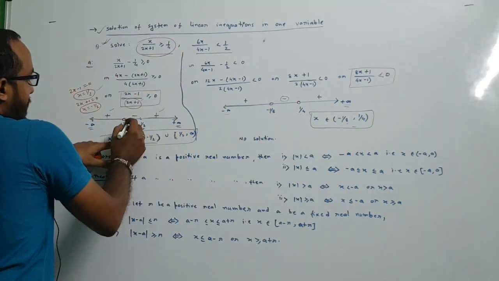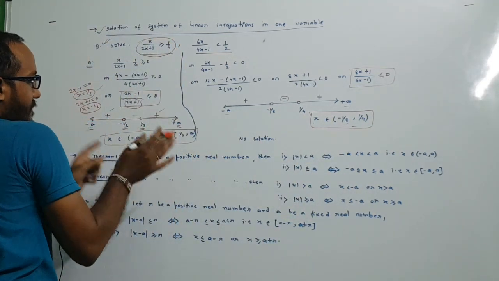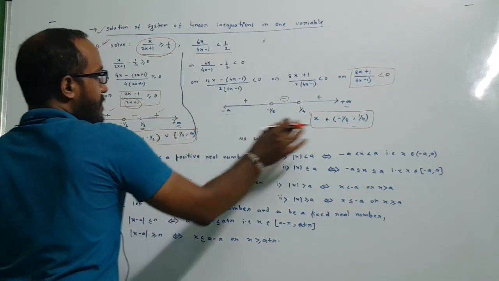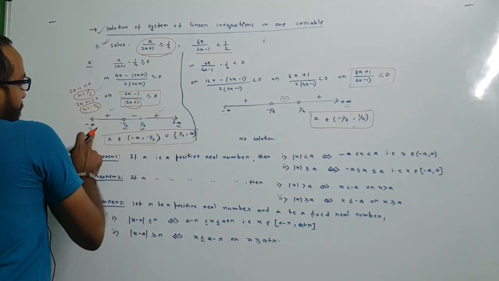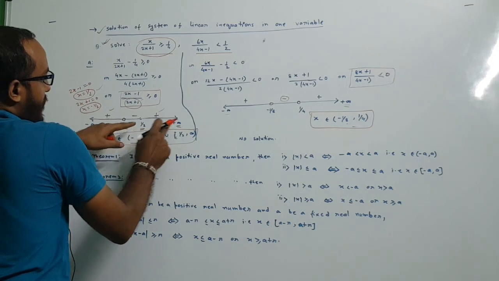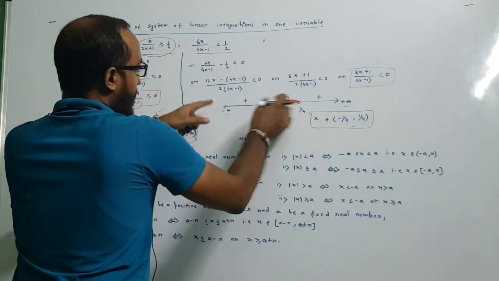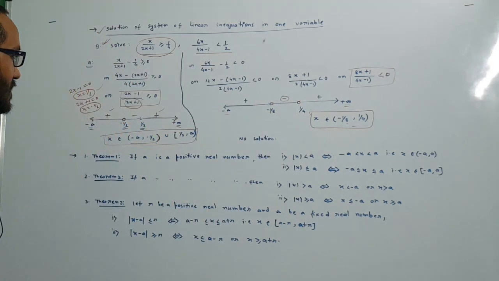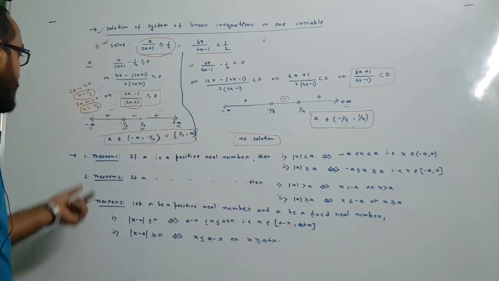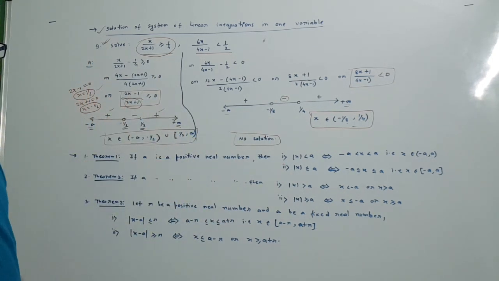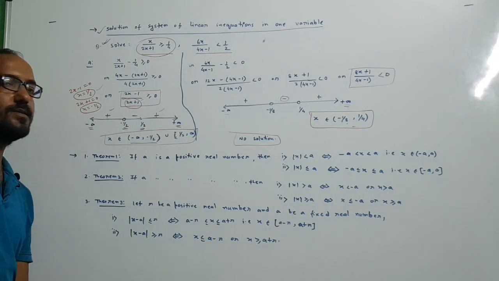But look closely: we don't have any common region between minus 1 by 8 to 1 by 4 and minus infinity to minus half and half to infinity. So we don't have any common interval, so we have no solution here. Now remember these points.